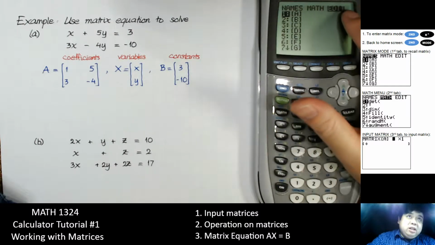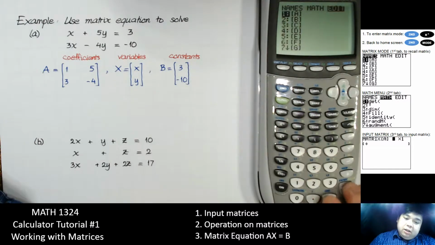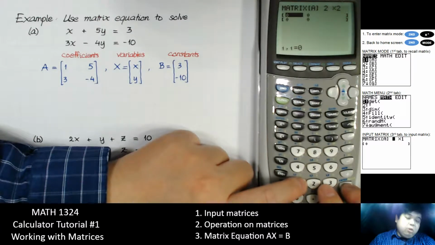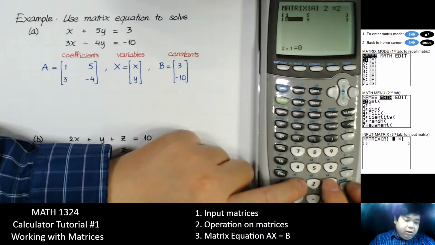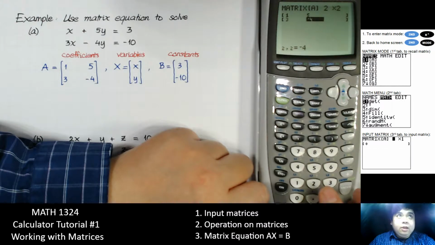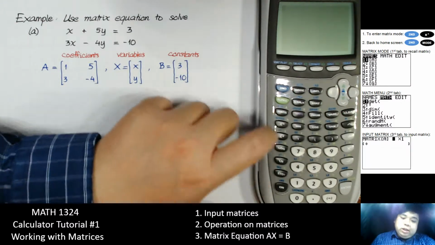Go to edit, the last tab, 2 by 2, and we enter the numbers 1, 5, 3 and -4. Once we're done, second mode, back to the home screen.